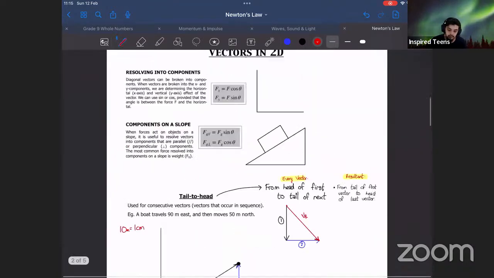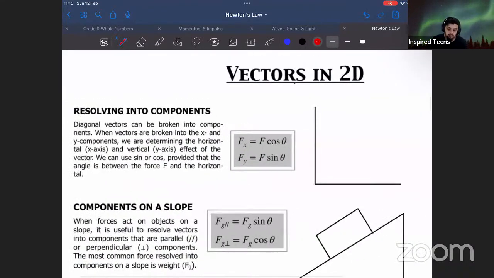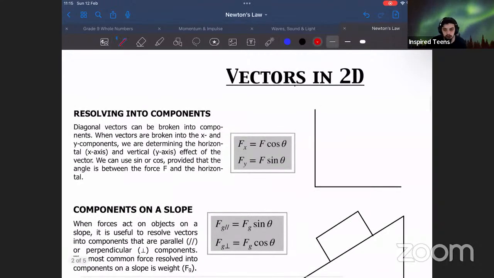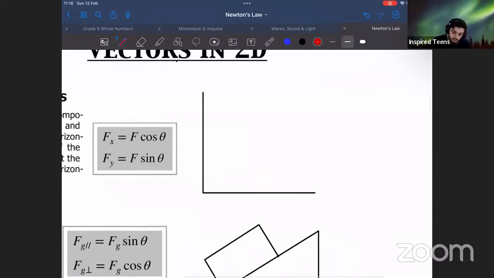Okay, let's move on to our components. So resolving it into its components, right? Yes, it determines the horizontal and the vertical effect of the vector. Okay, let's just say we have a vector, which could represent a force as well. That is a diagonal vector in this direction.